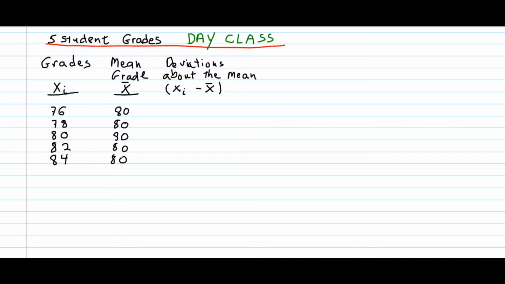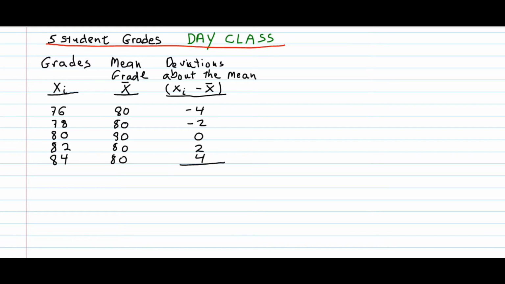So we take 76 minus 80, and we get minus 4. 78 minus 80, we get minus 2. 80 minus 80, we get 0. 82 minus 80, we get 2. And 84 minus 80, we get 4.